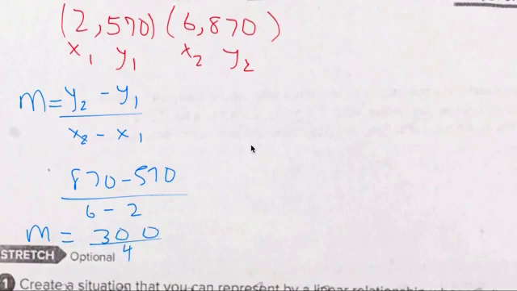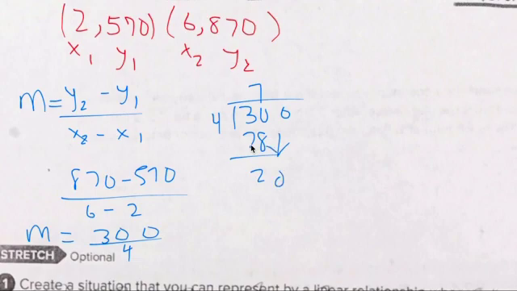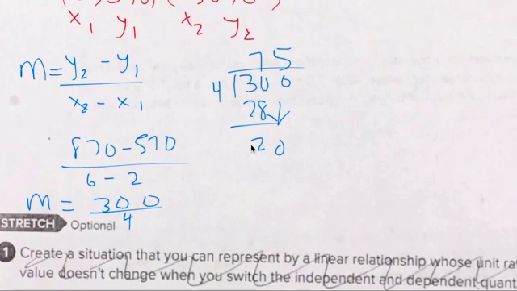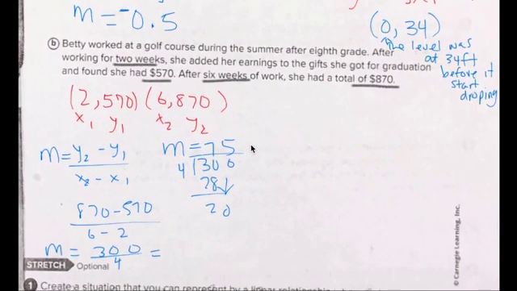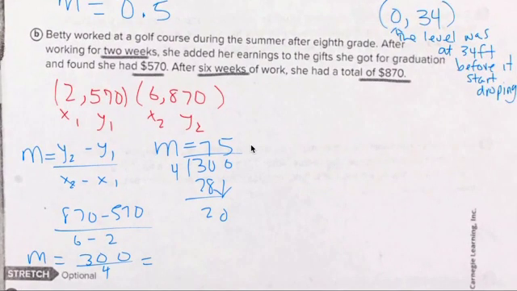Let's see, 300 divided by 4 evenly. 6, 24, too low. My remainder is bigger than 4. 7, 28. Remainder 2, bring down the 0, 5. Okay, 75. So my slope is 75. So for point slope, I'll use the smaller number, this first one.